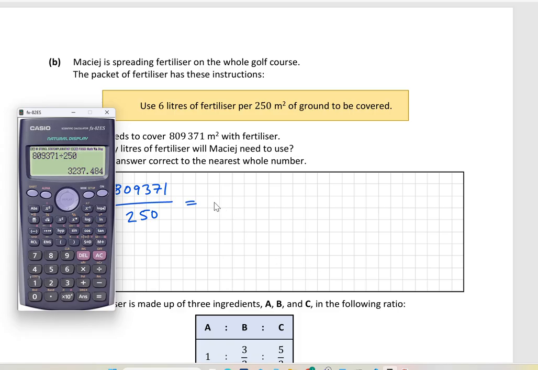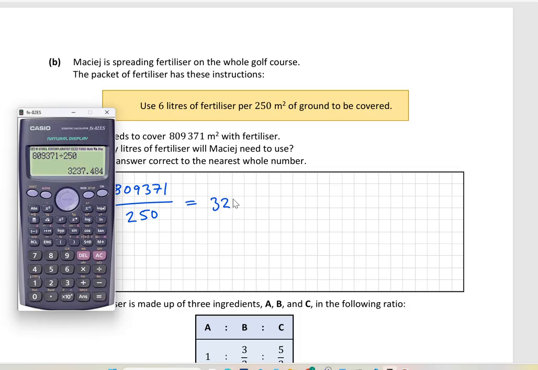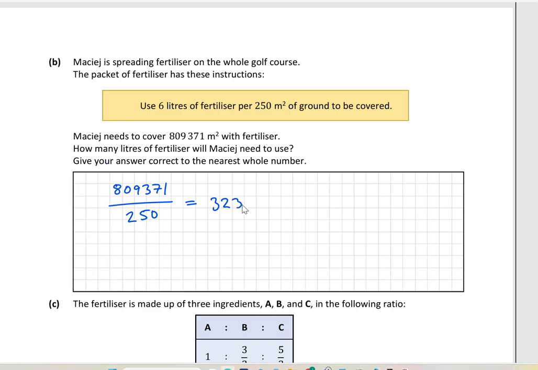So that's 37.484, but I need to divide that again. So that's for 6 liters.